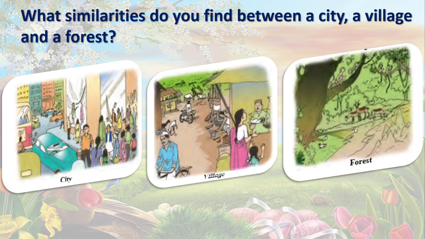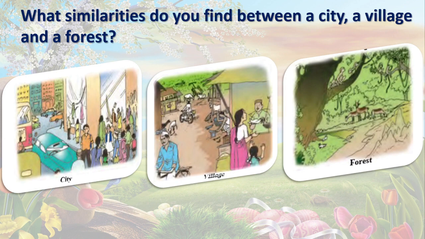In the forest, here also we can see birds and animals, they come under living beings, isn't it? Yes. What are they doing? In all the three pictures, they are trying to satisfy their basic needs. You know, the basic needs of living beings are nothing but food, water and shelter.